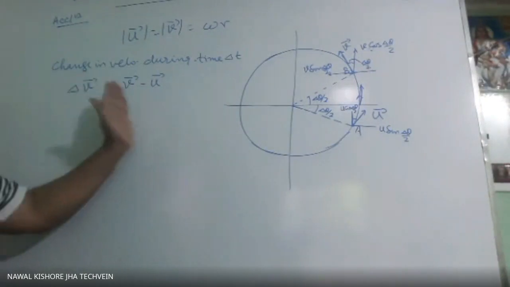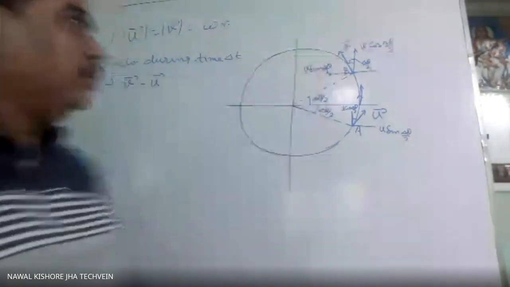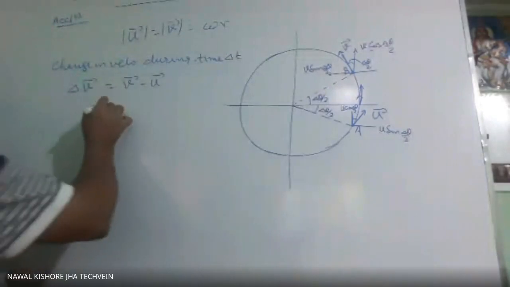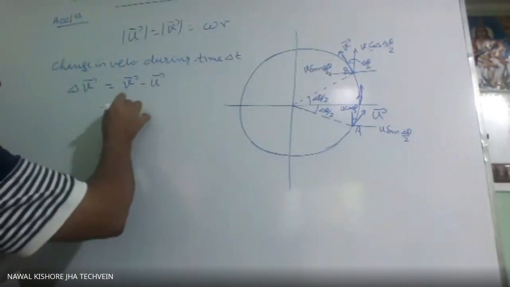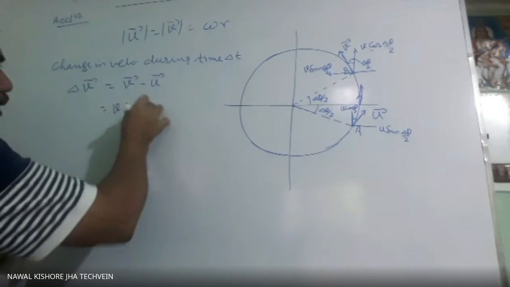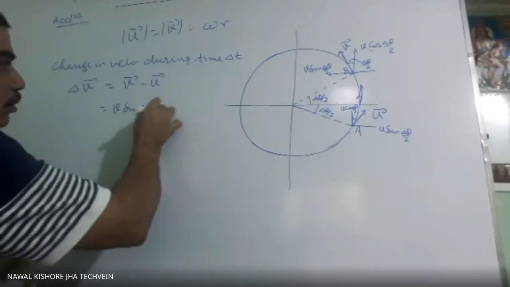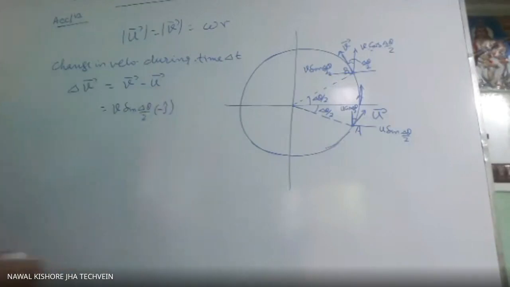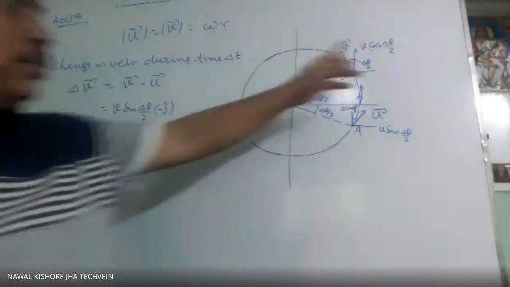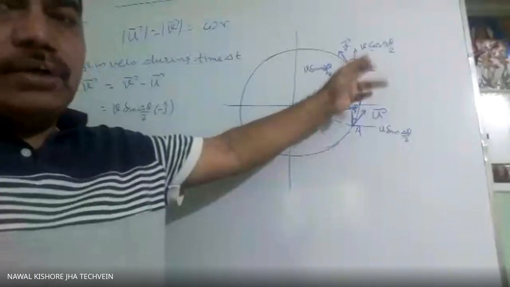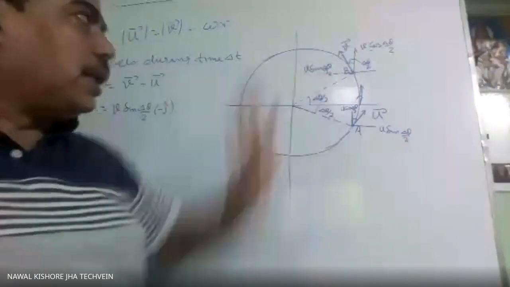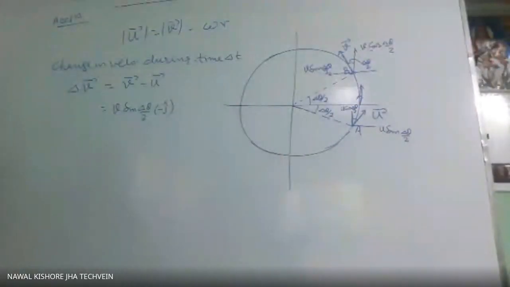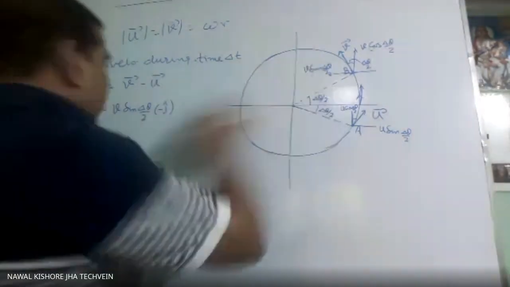So what will we write in v? It will become v sin delta theta by 2 i minus, you can take cos of 90 minus delta theta by 2, which means sin delta theta by 2. So this is along minus i.